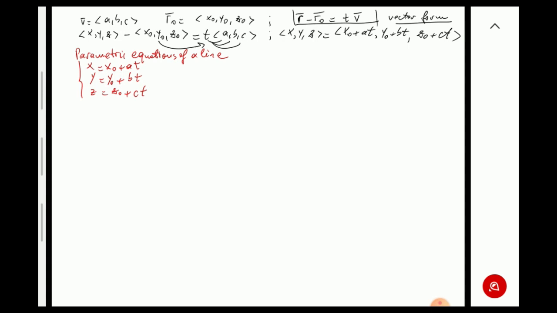Whenever you see an equation like this, it's very important to remember the meaning of the components, right? So x naught, y naught, z naught is a point on the line.